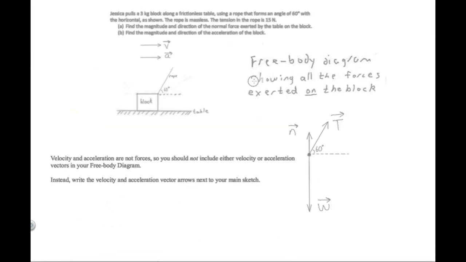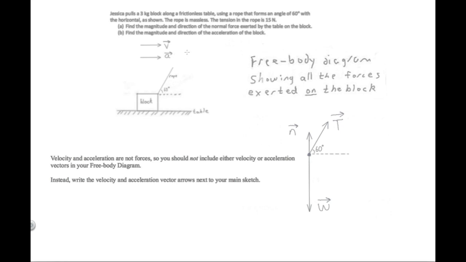By the way, I mentioned earlier that you should not include the velocity vector in your free body diagram because the velocity vector is not a force. For the same reason, you should not include the acceleration vector in the free body diagram because acceleration is also not a force. You can see that by thinking about the units.